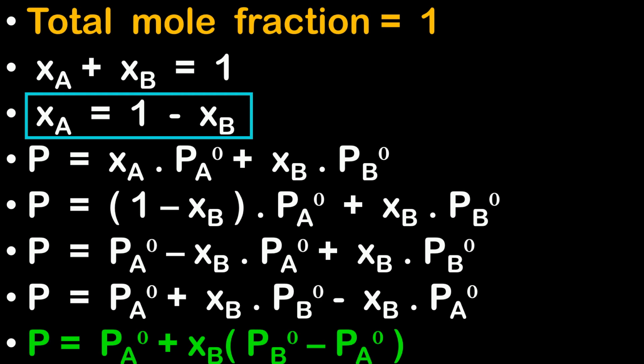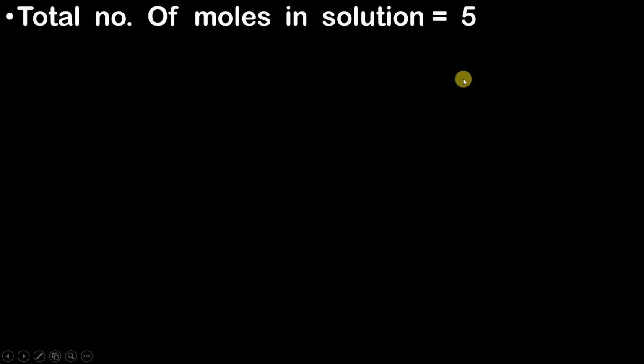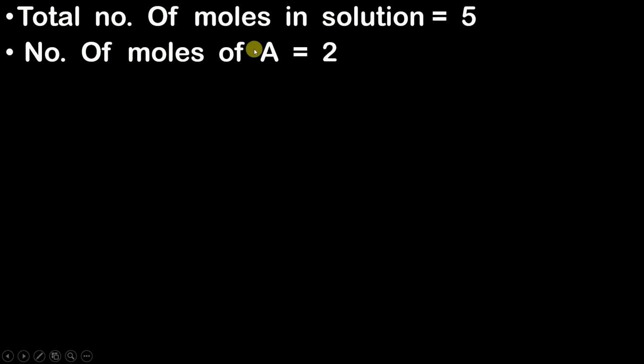Now guys, let us understand why I said that mole fraction of A plus mole fraction of B will always be equal to 1. So let's understand with the help of a short example. Let's assume that the total number of moles in solution is 5, and out of these 5 moles, let's say that the number of moles of A is 2.